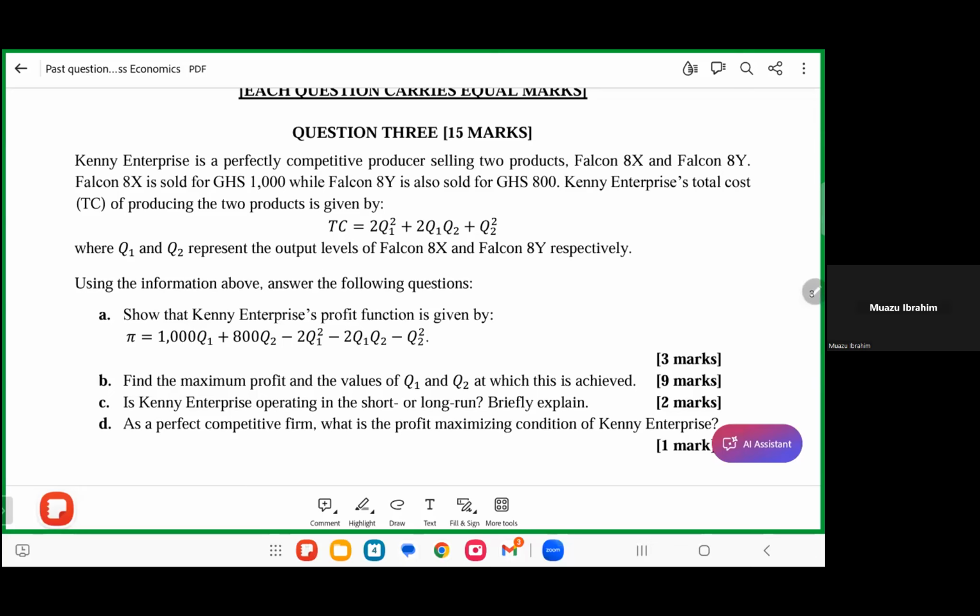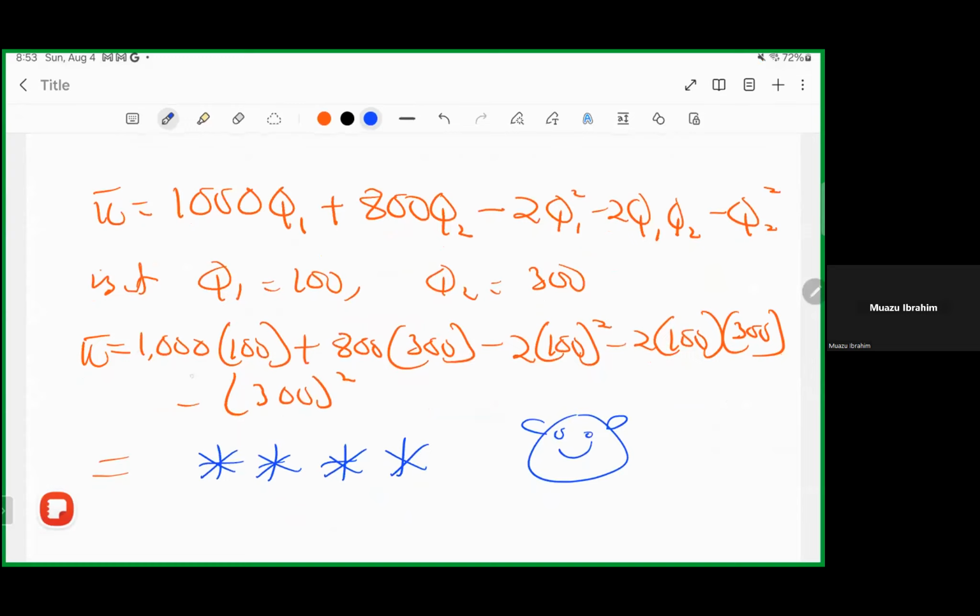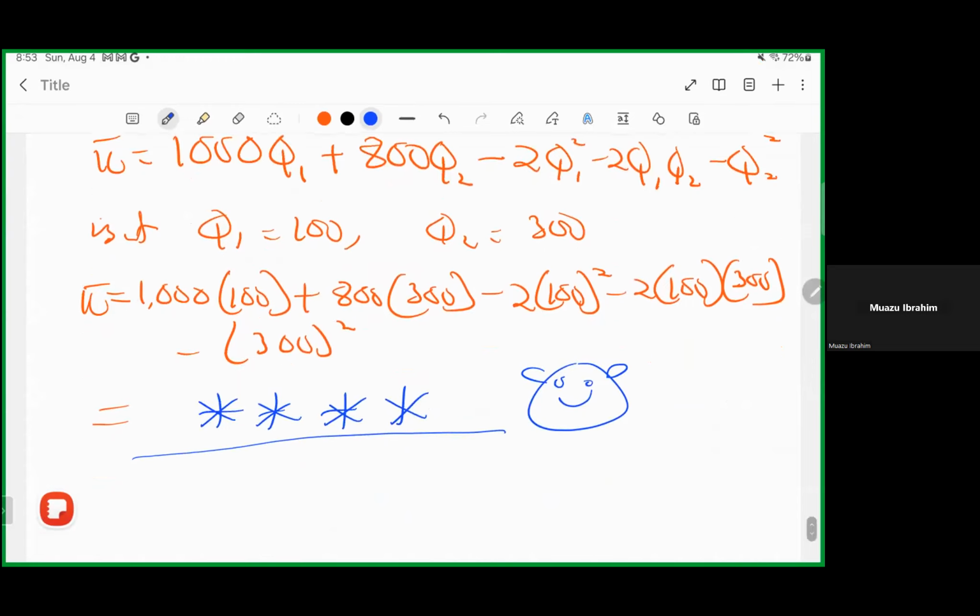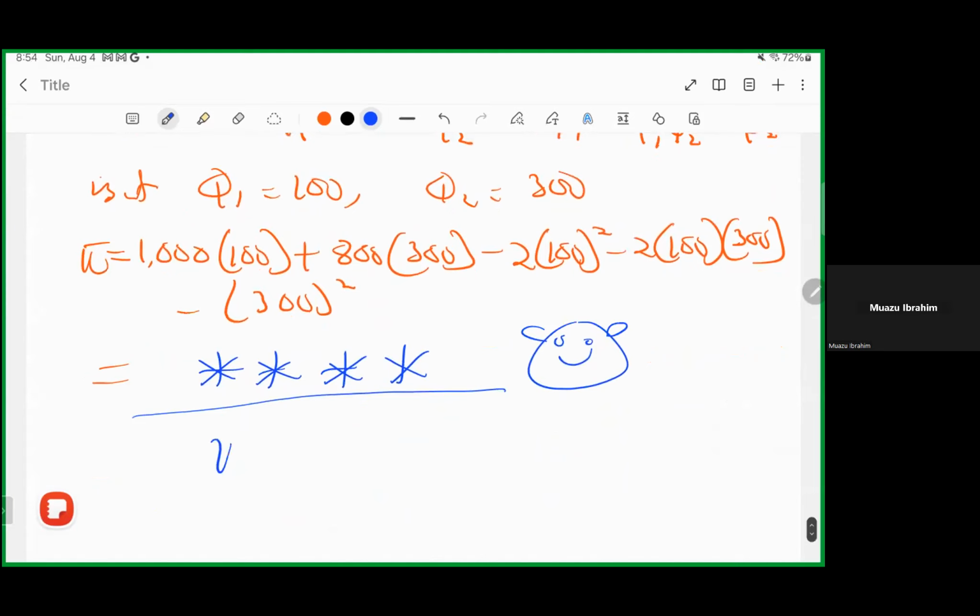Okay. And when you work out this particular profit, please note, the value will be greater than 0. Is that not it? The figure I'm getting is 260,000.